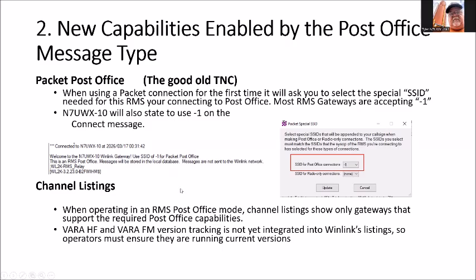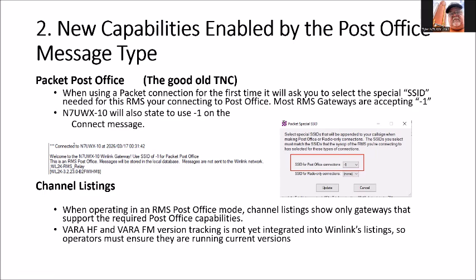In channel listings, I think they're working on making something better, but if you're connecting on HF, you can get a list of gateways that are running tri-mode. A lot of gateways are running tri-mode, but they really have to be running other modes too to show up on there.